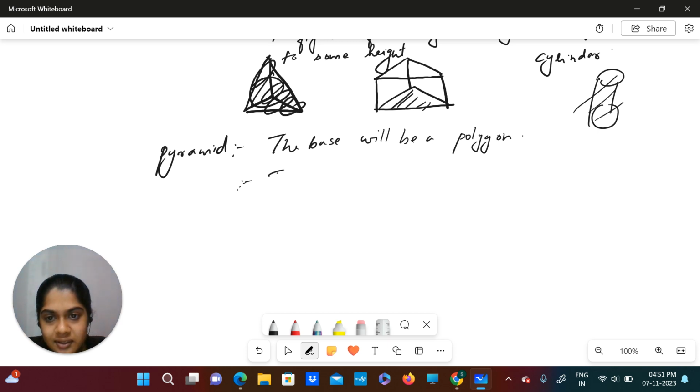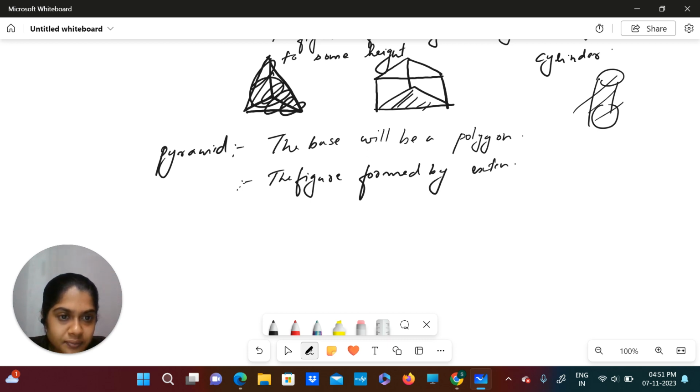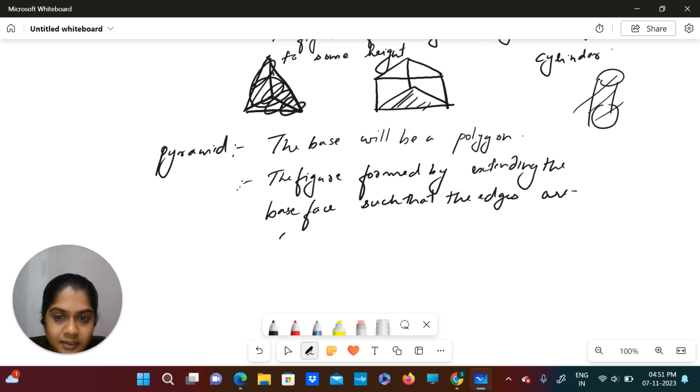Okay, the figure formed by extending the base face such that the edges are meeting at an apex. That is basically a pyramid.